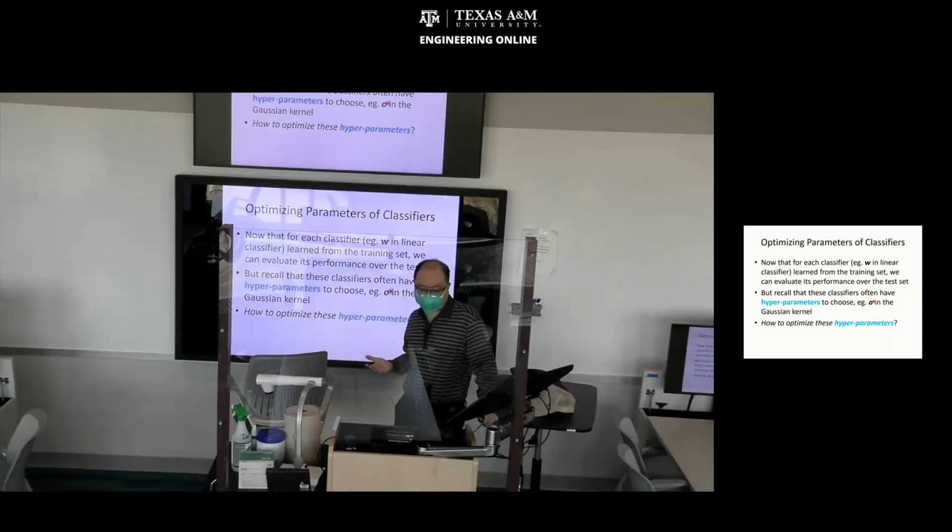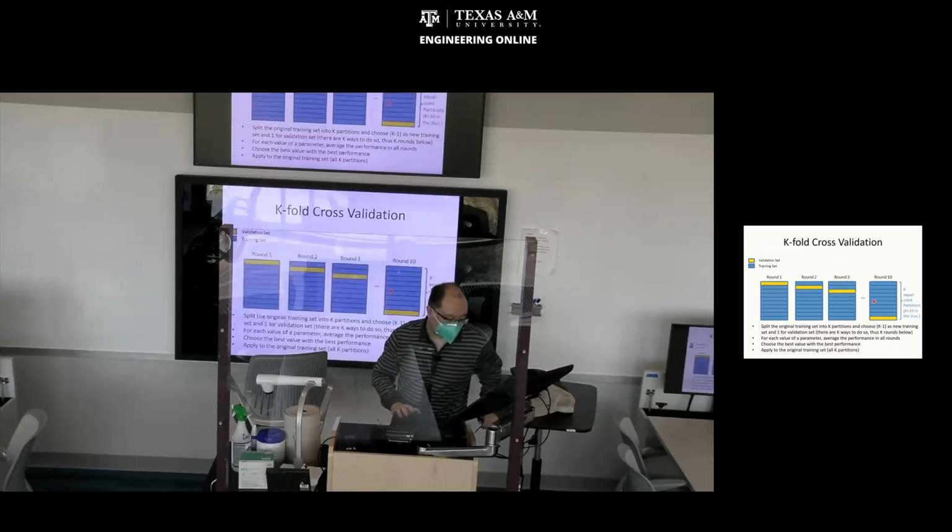As you usually do, you do a nested loop, right? In the outer loop, you optimize the hyperparameters, and in the inner loop, for each hyperparameter combination, you train the model to optimize the parameters using the gradient-based algorithms, right?